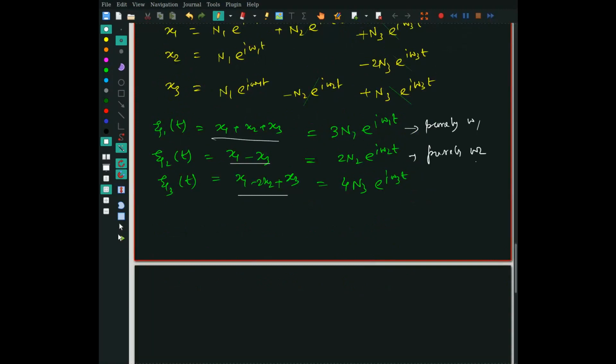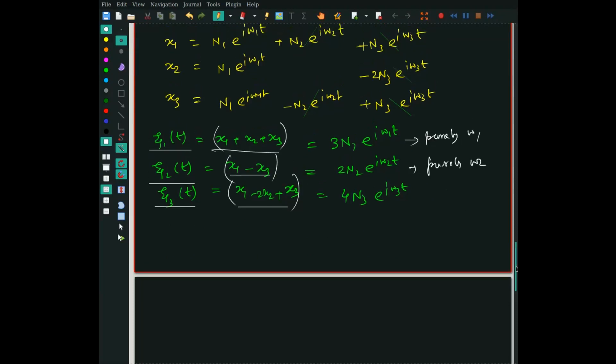Actually, you normalize the transformation usually. So you use these coordinates, xi1, xi2, xi3. It is easier to use because in terms of them, the Lagrangian will be much simpler.